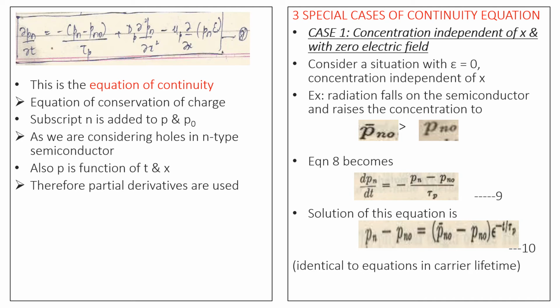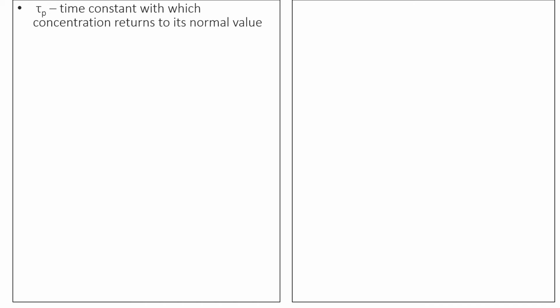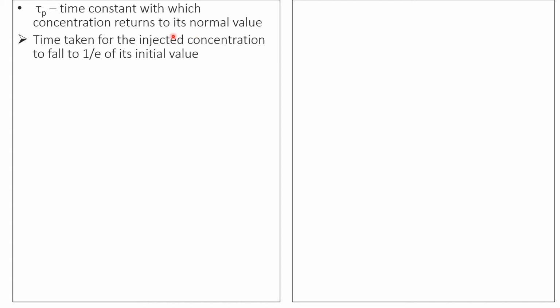Equation 10. Time constant with which concentration returns to its normal value. It's the time taken, that is tau_p, for the injected concentration to fall to 1 by e of its initial value.